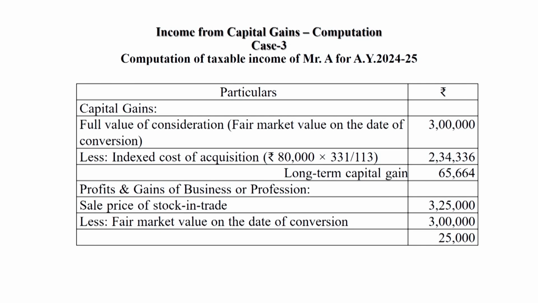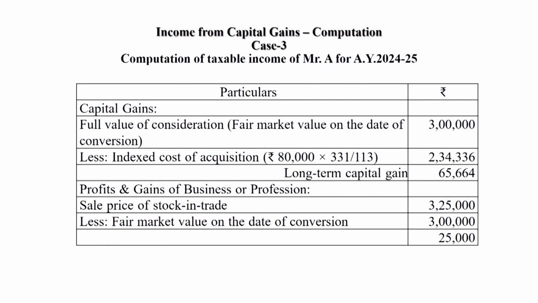Capital gain: full value of consideration is rupees 3 lakh. Indexed cost of acquisition: the cost is divided by the index of the year in which the asset is acquired and multiplied by the index of the year in which it is transferred or sold.